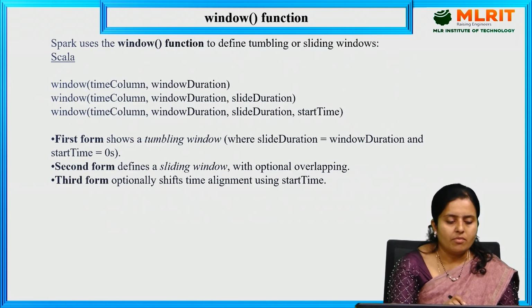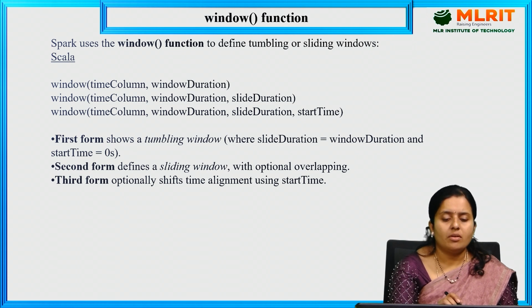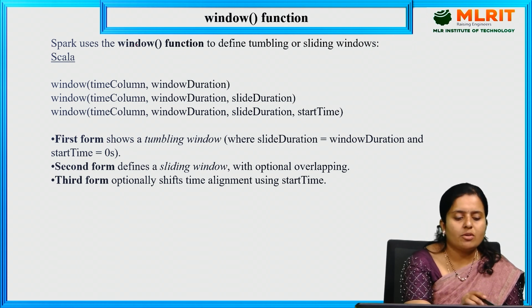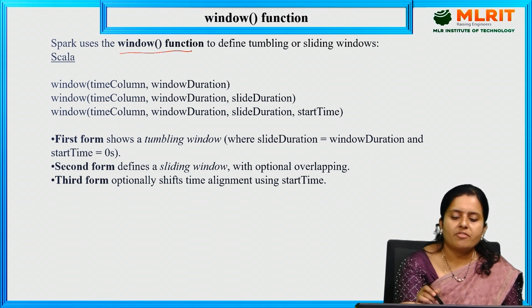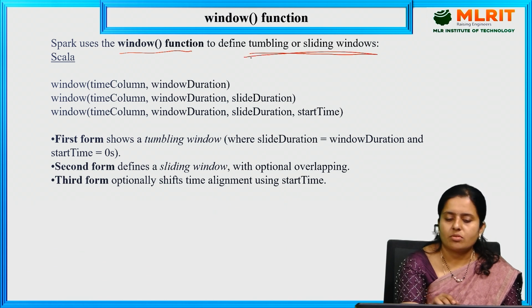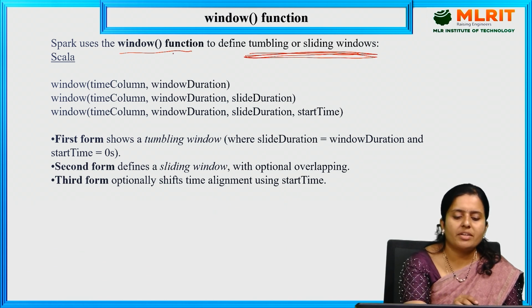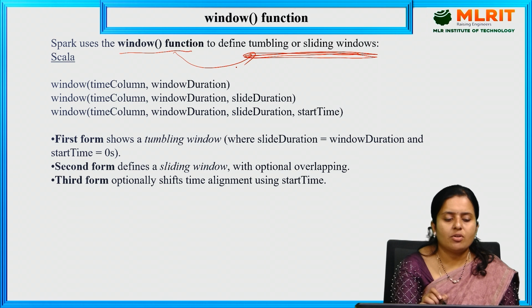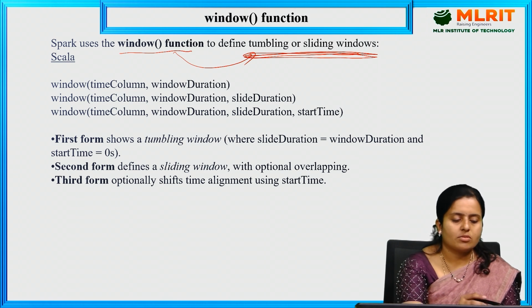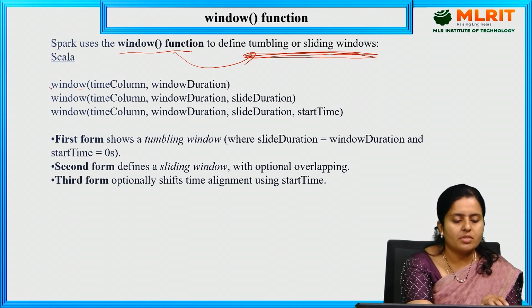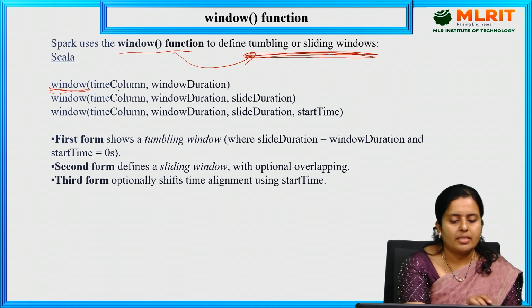Now we look into the syntax for window functions. Spark uses the window function to define tumbling and sliding windows. The first syntax is window, with the parameters time column and window duration.